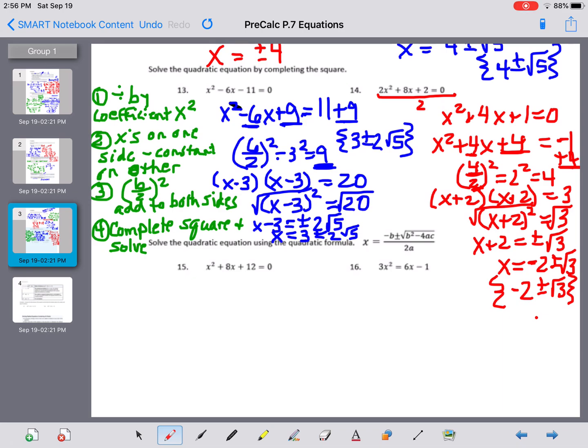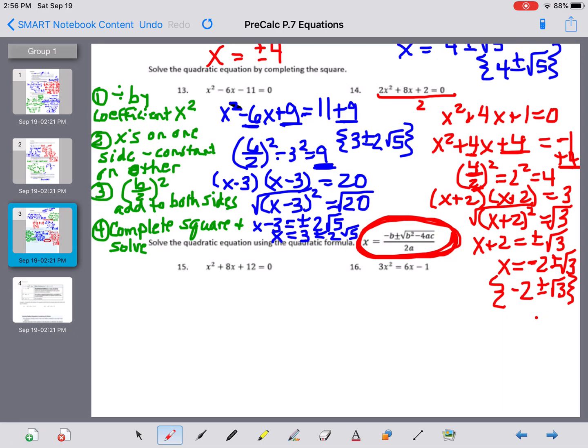Okay, the last way we are going to do is the quadratic formula, where we have x equals negative b plus or minus the square root of b squared minus 4ac all over 2a. Am I going to ever give you that formula? Absolutely not. You are perfectly capable of memorizing that if you don't have it memorized already. Quadratic formula is never going away, and it is the one and only way that will solve absolutely every quadratic equation.